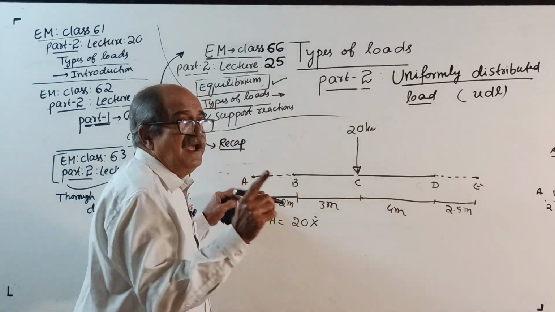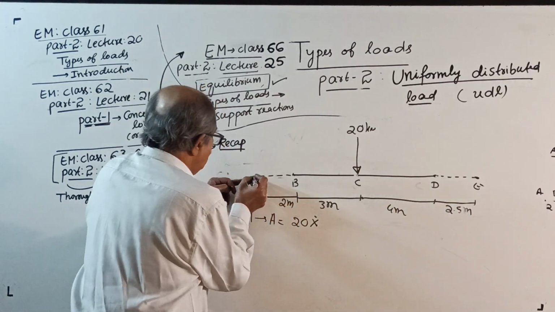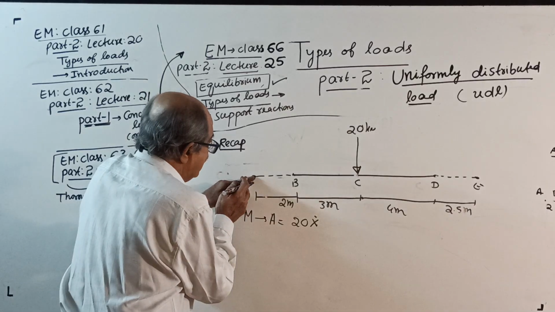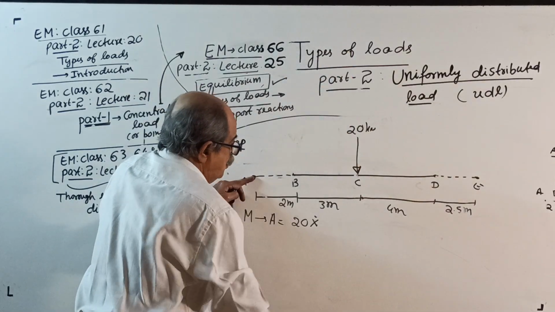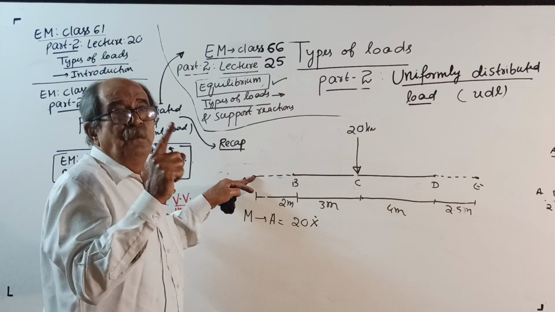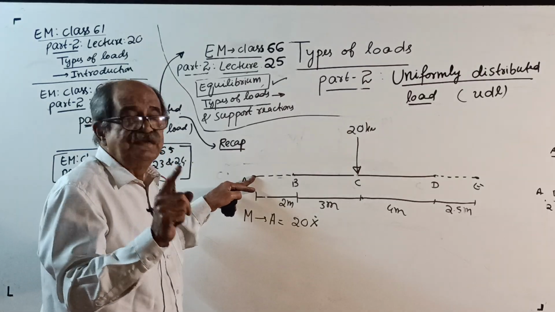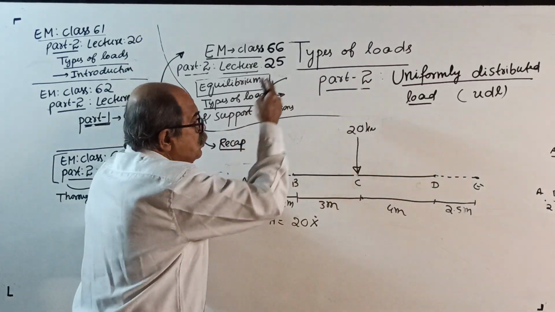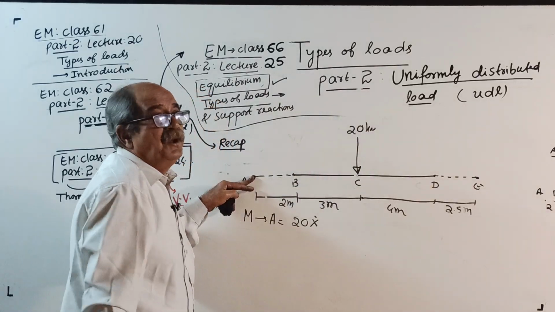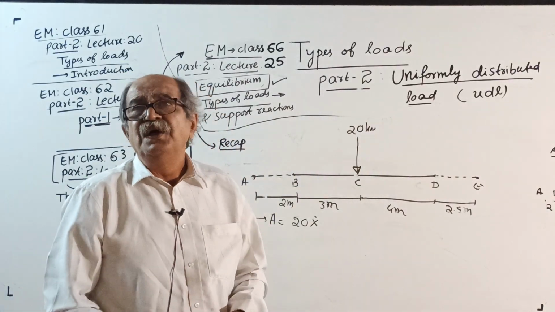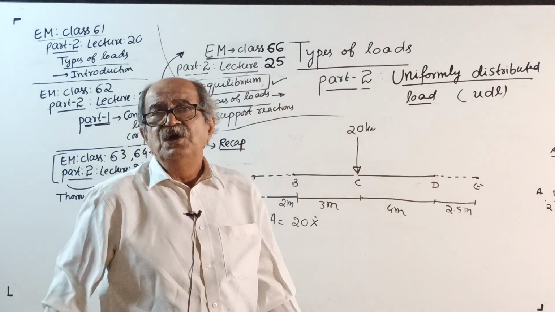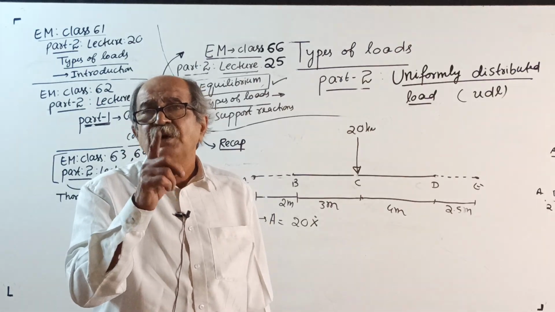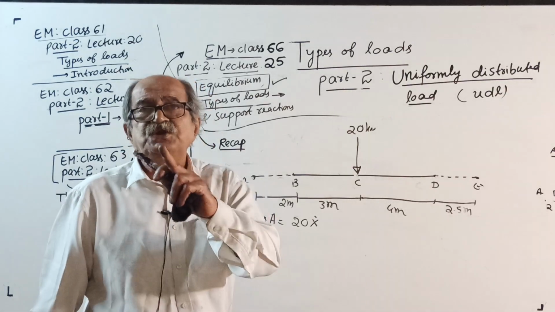Now again recap for you. When you want moment about A, put the finger here. Load 20 into perpendicular distance from A to line of action of the force. I told in my class, perpendicular distance should always start from the point about which you want to take moment.